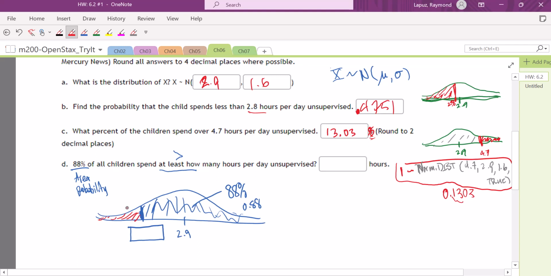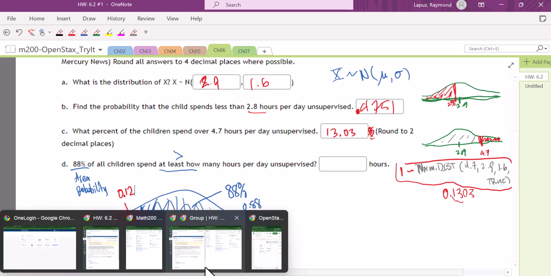And so if this is 88%, then this is going to be the complement of 88%, which is going to be 100 minus 88, and I think that's 12%. And so we're going to want to put in 0.12.